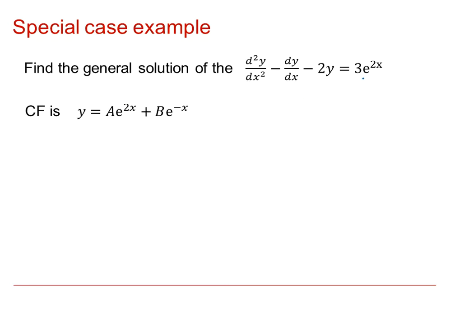So now looking at the non-homogeneous equation, which is 3e to the 2x, and bearing in mind our solution to the homogeneous equation, we would normally try something like y equals a e to the 2x.